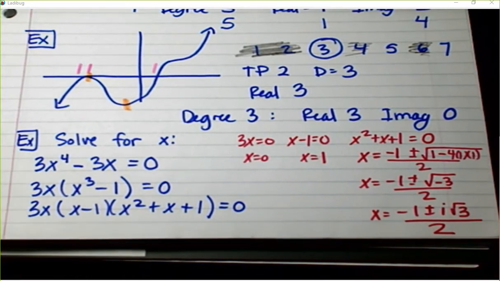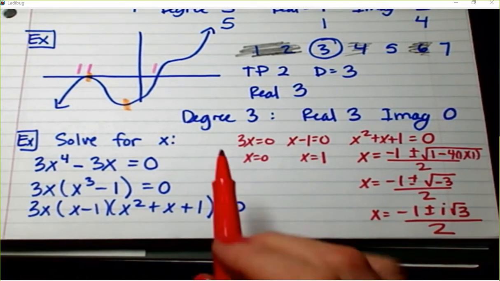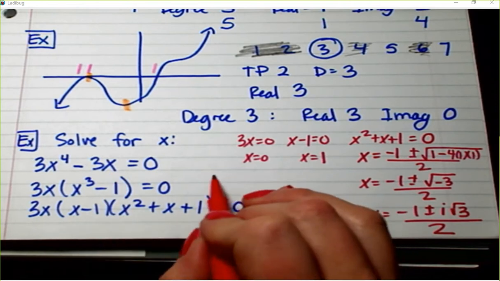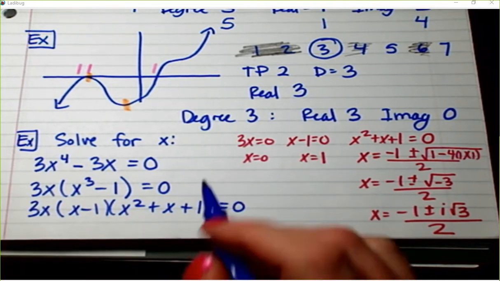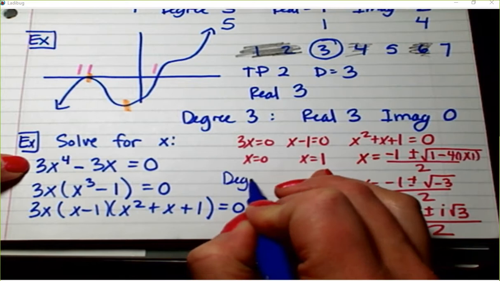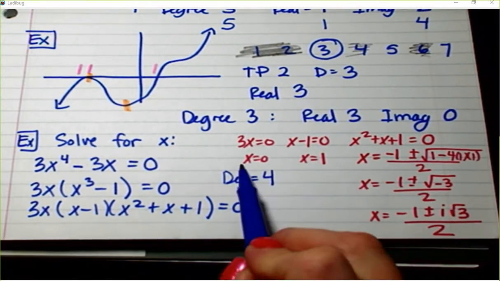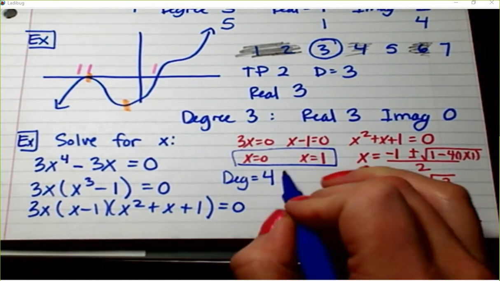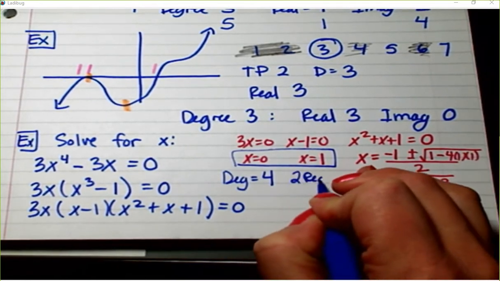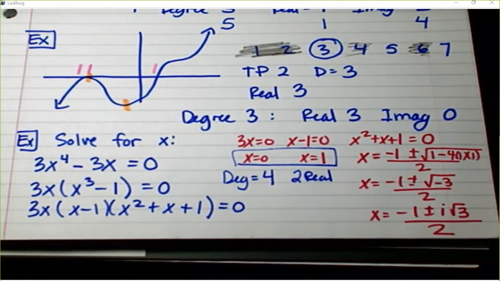All right, guys, so let's look. The degree is 4. I have 2 real answers and 2 imaginary, because 2 plus 2 is 4.